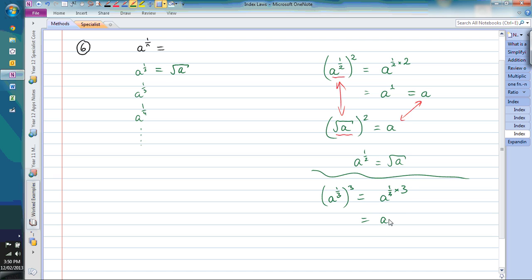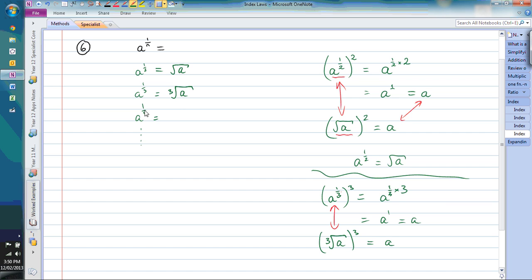Third times 3 is just 1. Hey, I'm back at a again. Now, we didn't do this as a law, but this is also true. Cubing is the opposite of the cube root, so that tells us that a to the third is the same as the cube root of a. And we could go on like this.